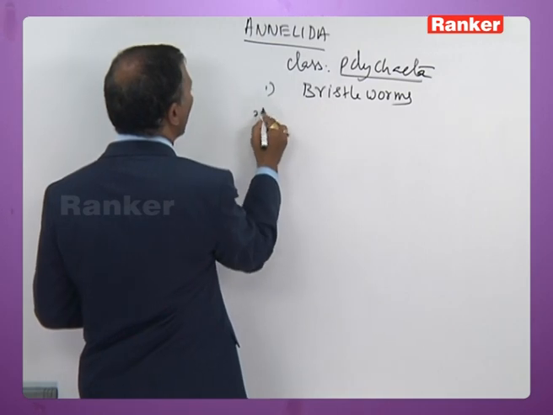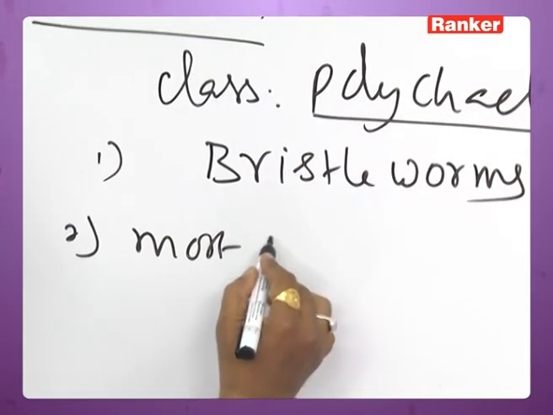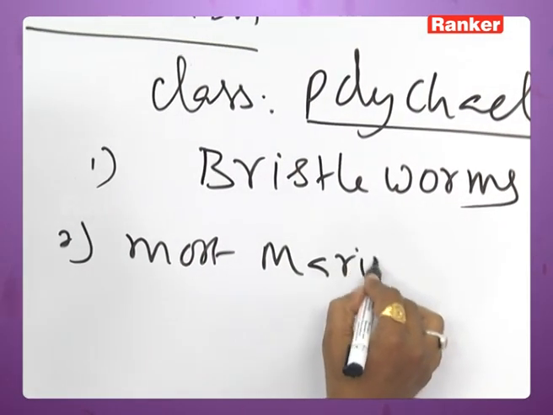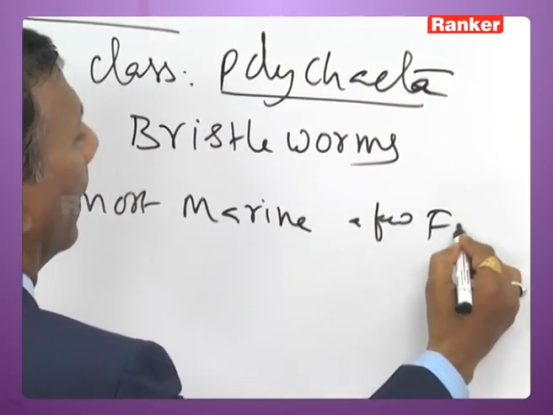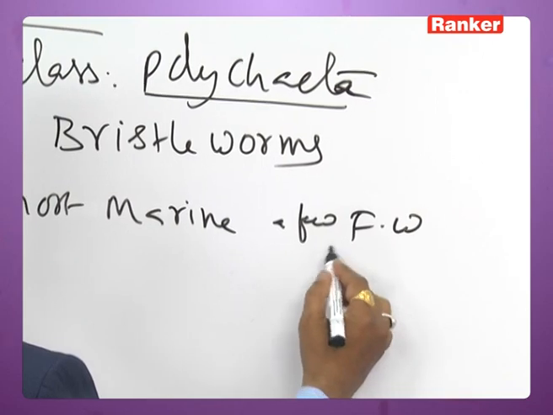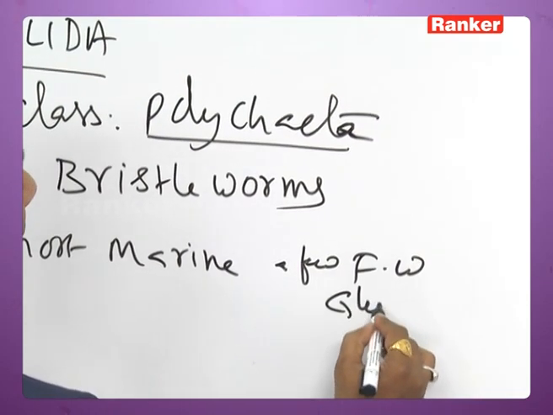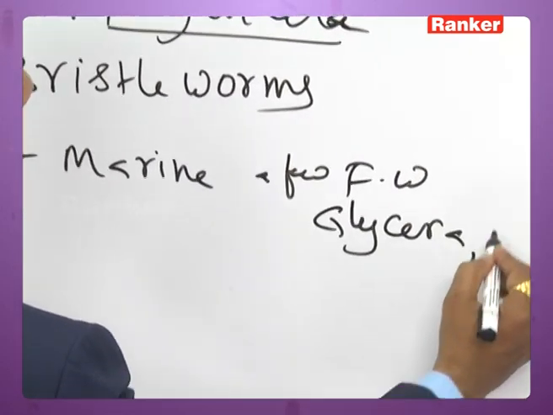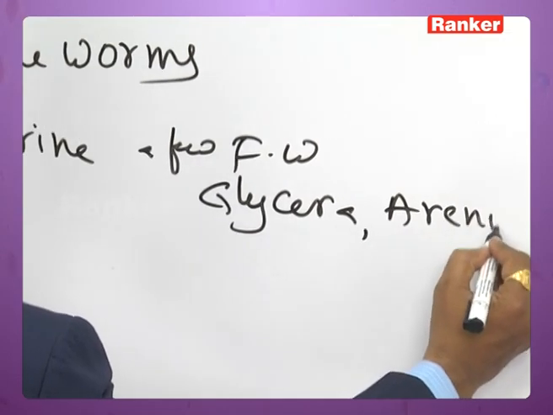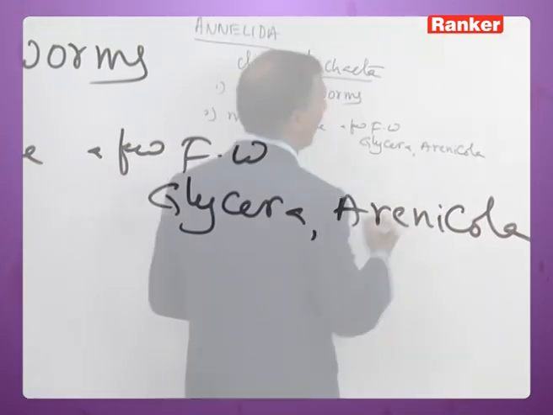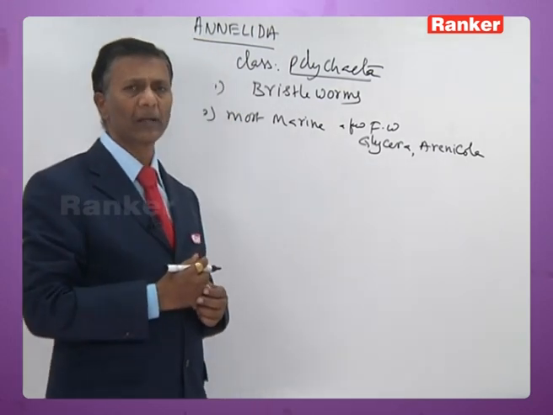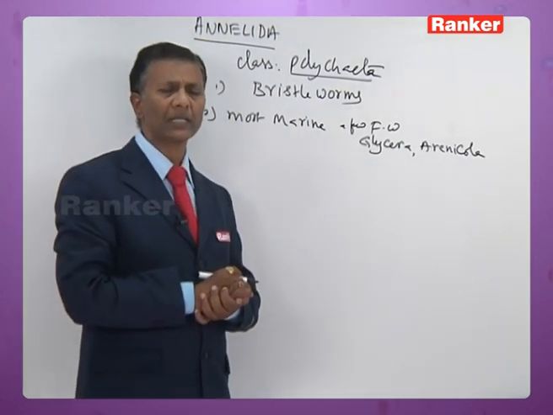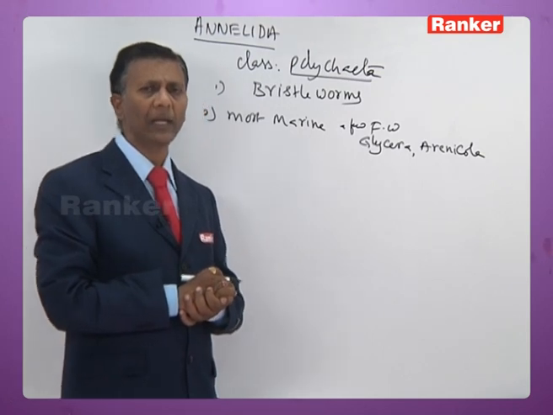Most are marine. A few are freshwater, like Glycera and Arenicola. Except these 2 animals, the rest of the polychaetes are marine.